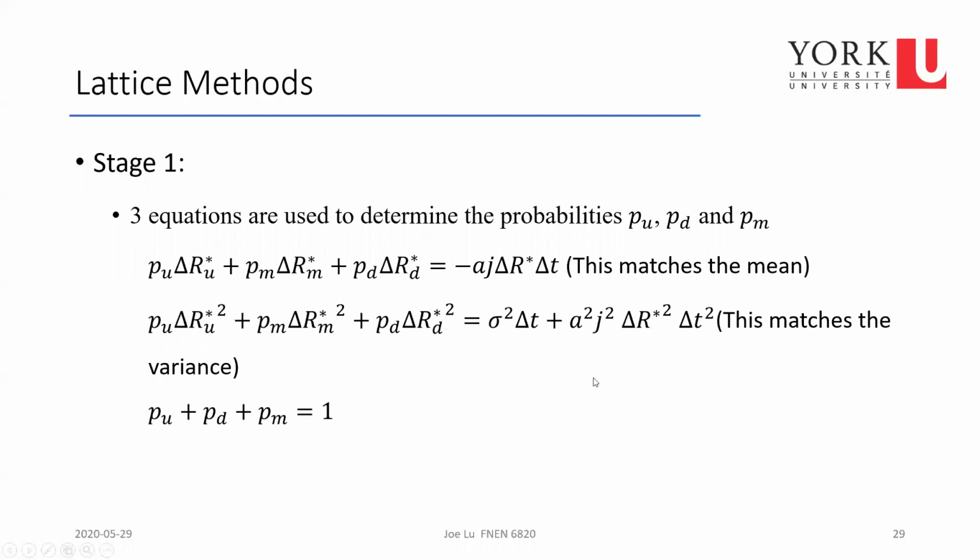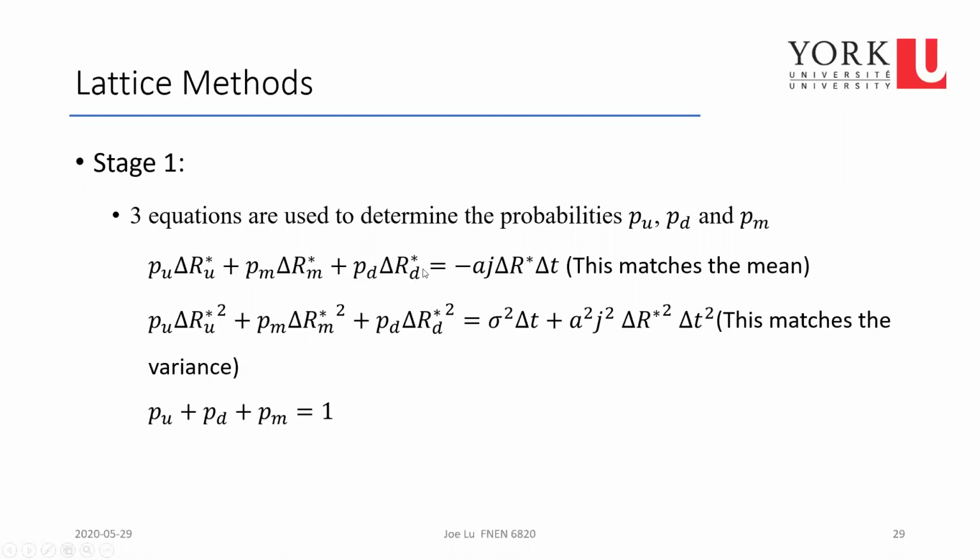Now, you have a trinomial tree and you have 3 equations. You have to, however, match 2 moments. So you need a third condition. The third condition is really that all the probabilities added together must be equal to 1. So then you have 3 equations, then you can determine 3 variables.